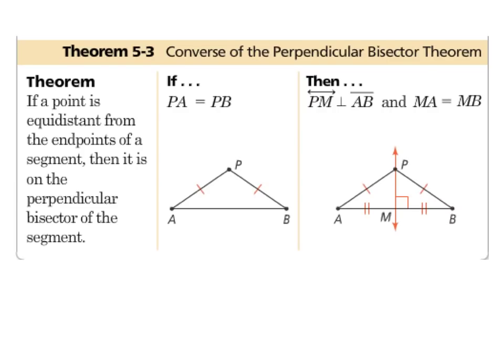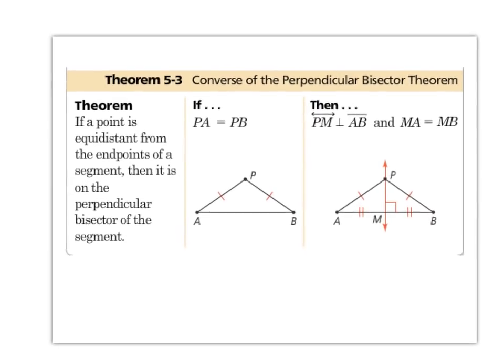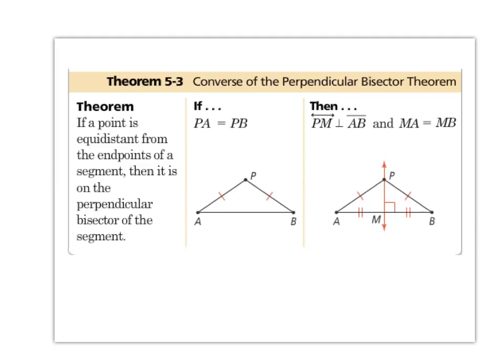Then we get the converse, or kind of the opposite of that perpendicular bisector theorem. If a point is equidistant from the endpoints of a segment, then it is on the perpendicular bisector. So now we're starting with what we ended with on the first one.